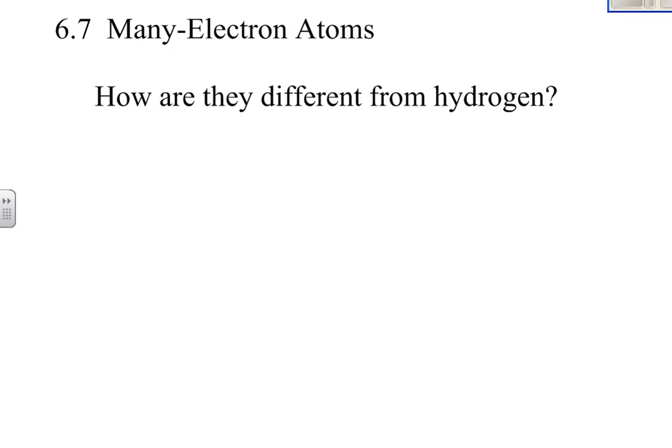The key difference when we move on from a hydrogen-like atom is that we have multiple electrons. And the result of those multiple electrons is that it is going to separate the sublevels within a principal energy level.